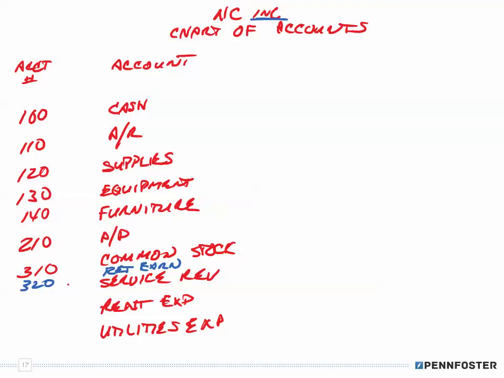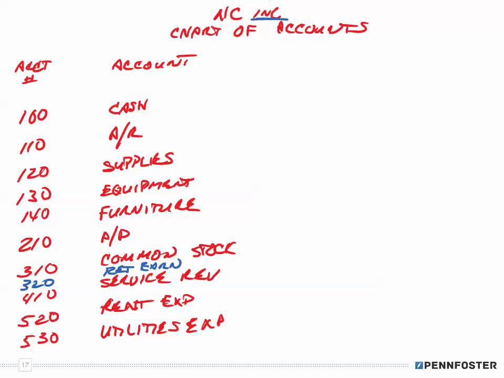Service revenues begin with a 4, so I'm going to number service revenue 410. Expenses, rent expense begins with a 5, so I would probably make rent expense 520 and utility expense 530. The reason is that I'm going to have a lot more expenses to add in.